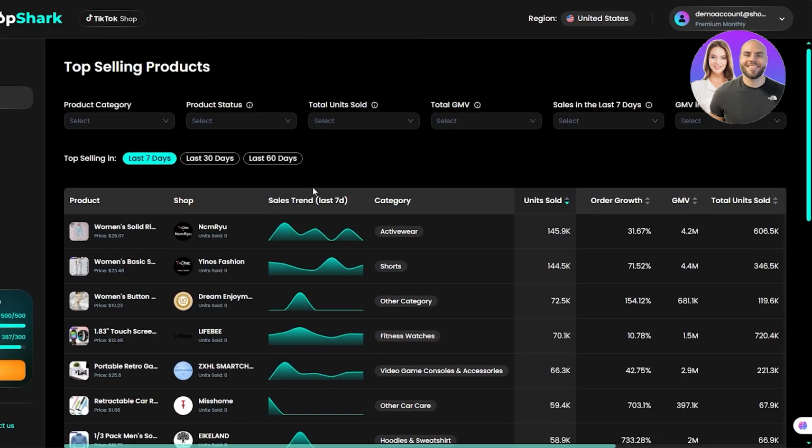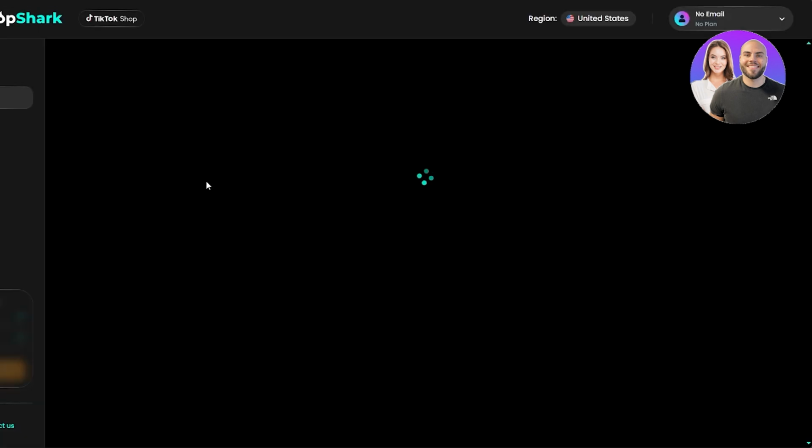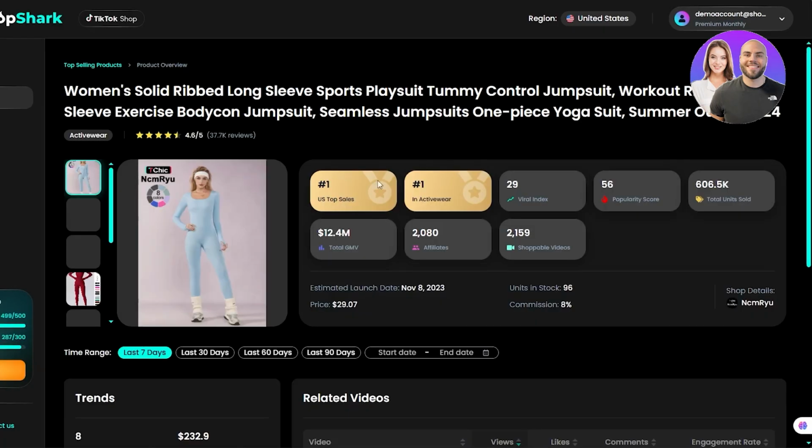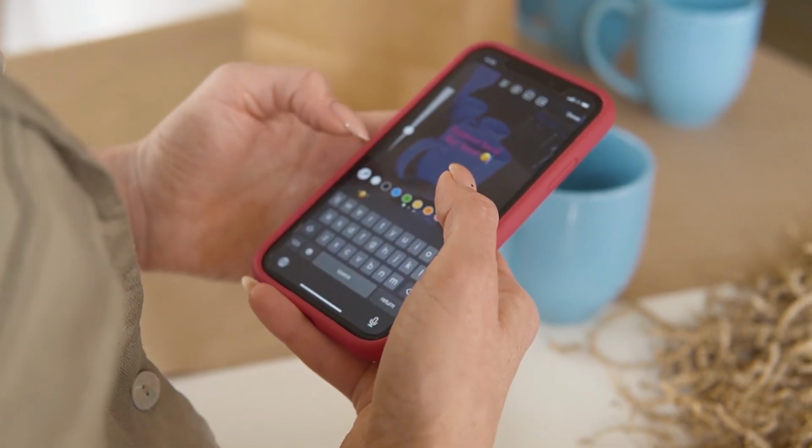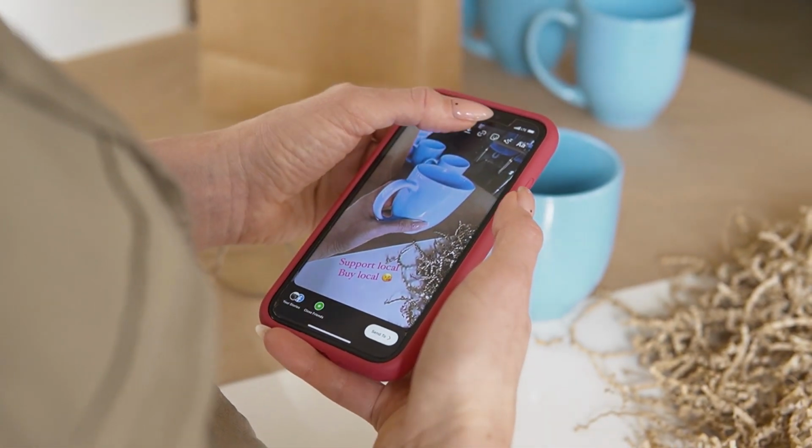Now, moving on, let's see the creator heat maps in analytics, because this is one feature that I really like. This basically shows which creators are heavily publishing and pushing certain products. This is your heat map. And this is useful because creator activity often signals product momentum. For example, if multiple creators suddenly begin posting the same product and engagement starts increasing rapidly, that is usually worth paying attention to.